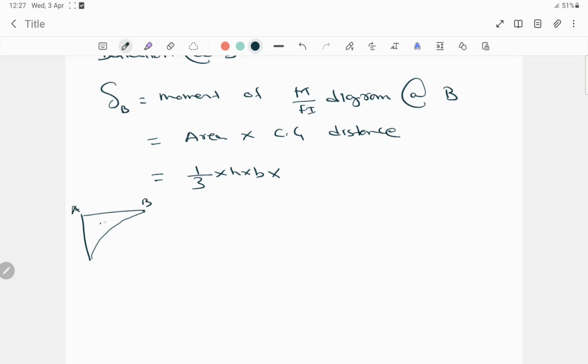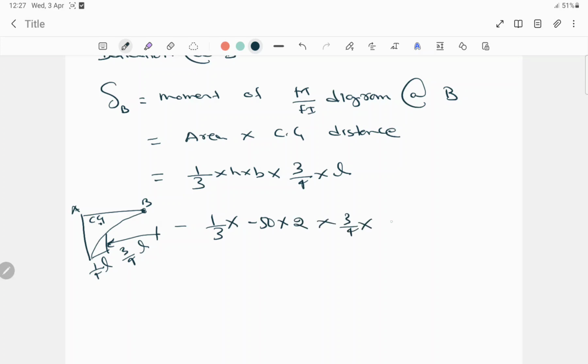This was A and B. Here the CG will act at the center. No, it was 3 by 4 of L. So the CG distance from this to this will be 3 by 4 of L. So here 1 by 3 into H is minus 50, into B is 2, into 3 by 4 of 2.